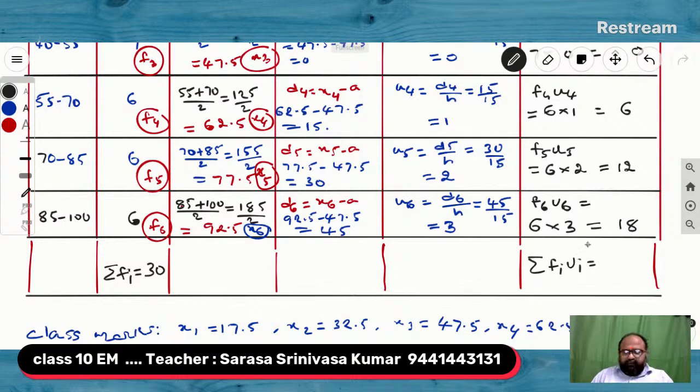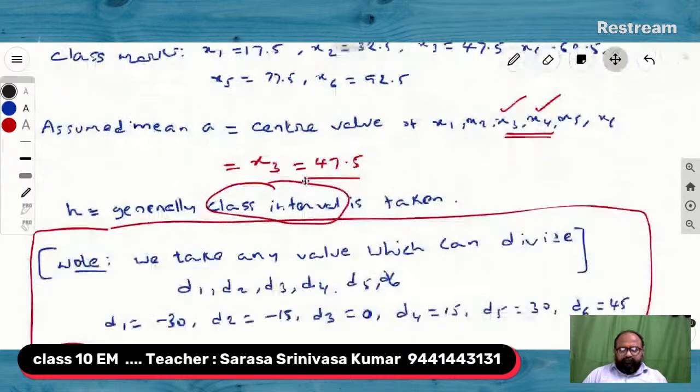If we add all these values, we get 29. So up to this, we have prepared the required table to find the arithmetic mean by the step deviation method. Now we use the formula.